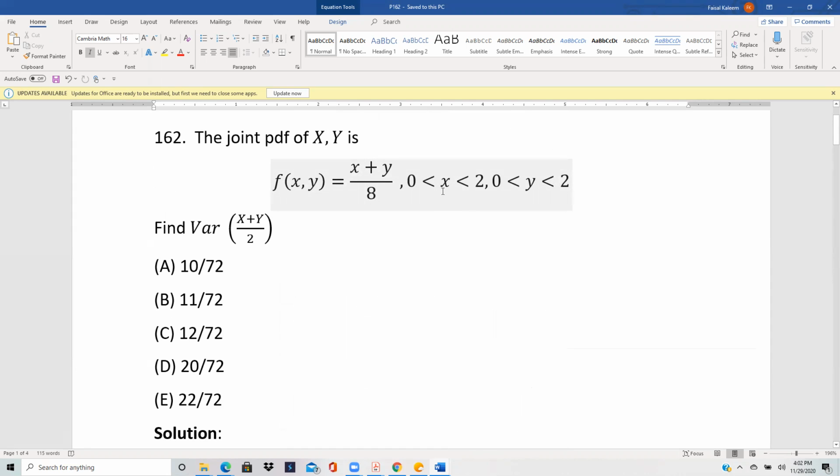So that's meant by complete symmetry. So whenever the PDF is totally symmetric in the two variables, then the expected value and the variance of the two variables is exactly the same. So we have calculated the expected value of x and the variance of x, and y will have exactly the same expected value and the same variance.